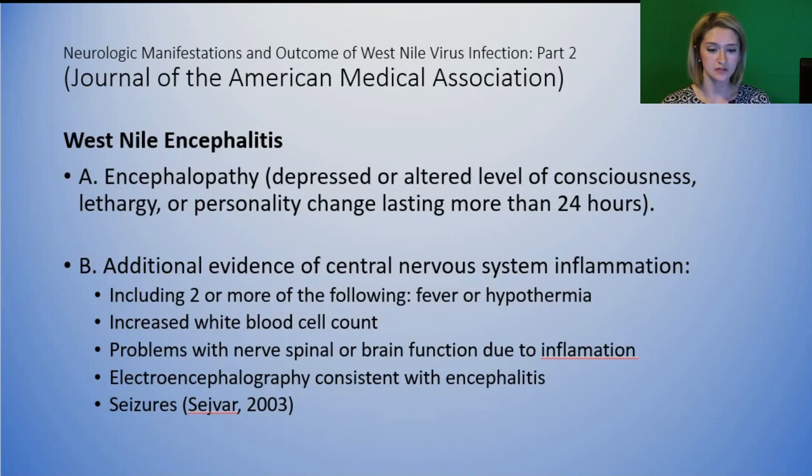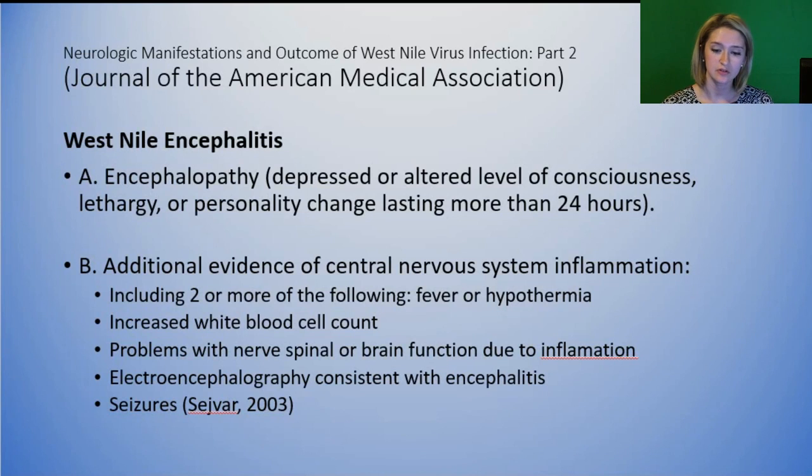Another disease associated with West Nile virus is West Nile encephalitis. Encephalopathy means that they're depressed or altered in level of consciousness. They're lethargic. They can also have a personality change lasting more than 24 hours, which is typically counted as a symptom of the disease.